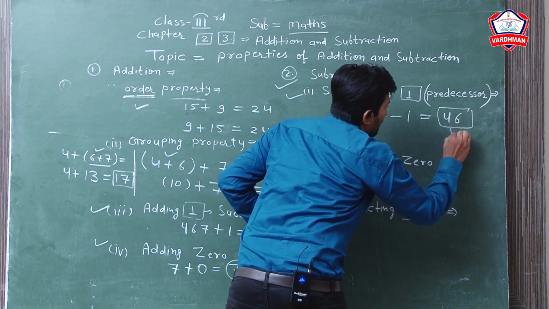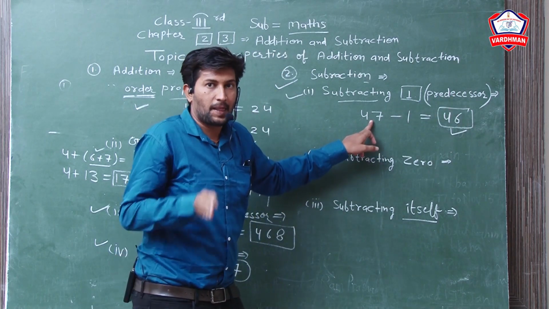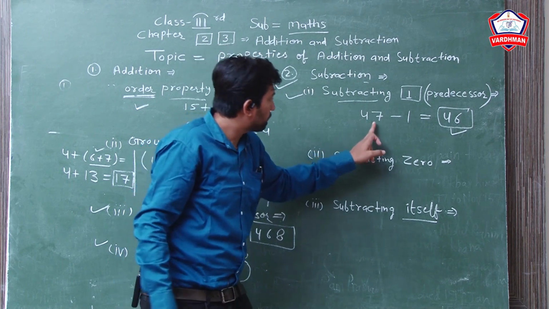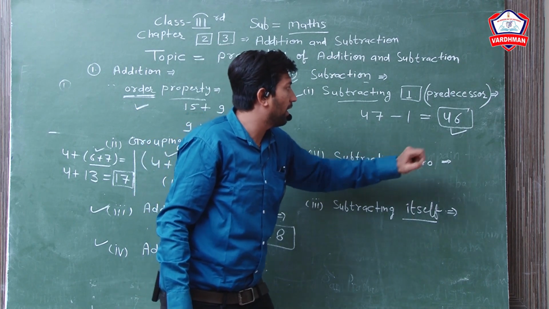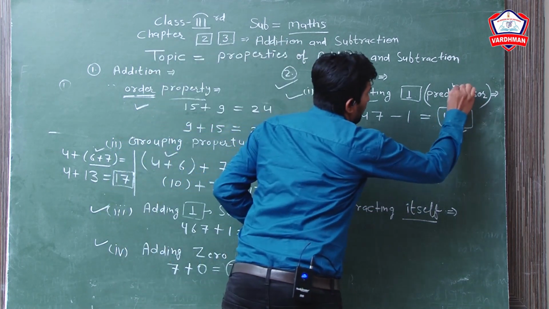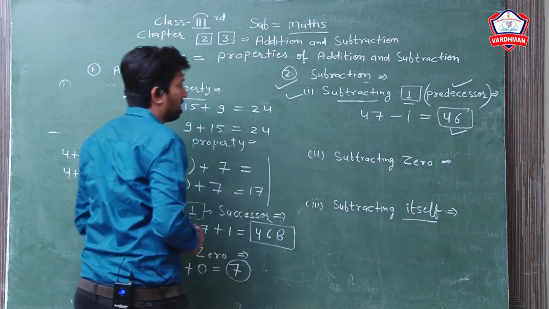You can see 46 is the predecessor of 47. Backward number, backward counting only 1. So when you subtract 1, you find the predecessor.